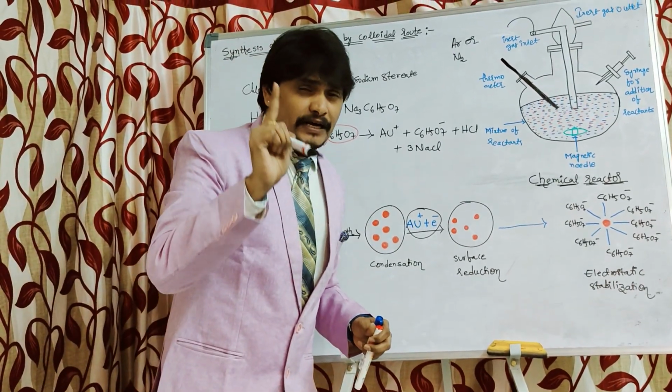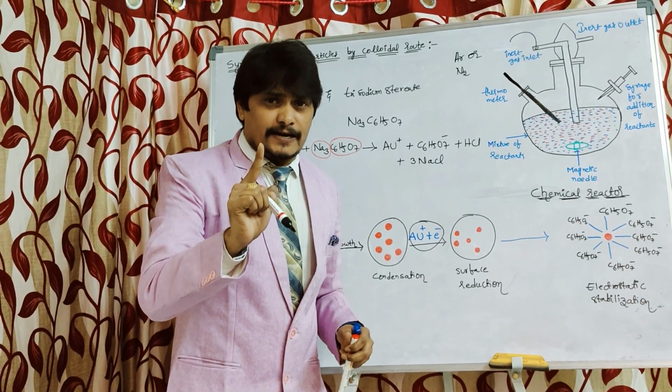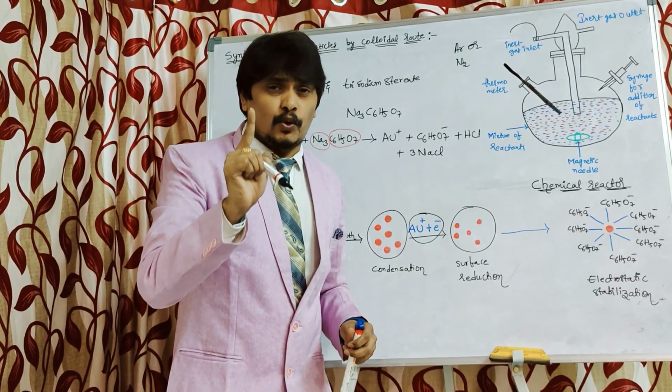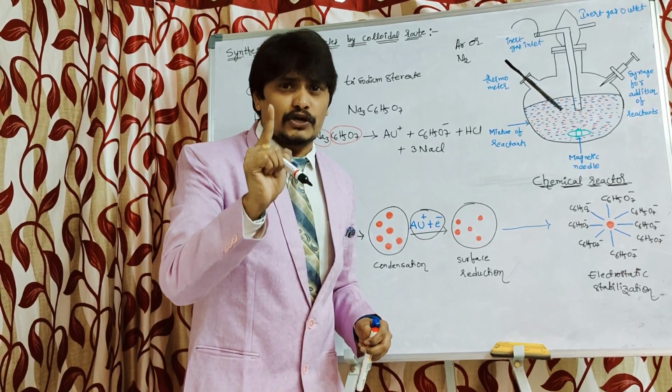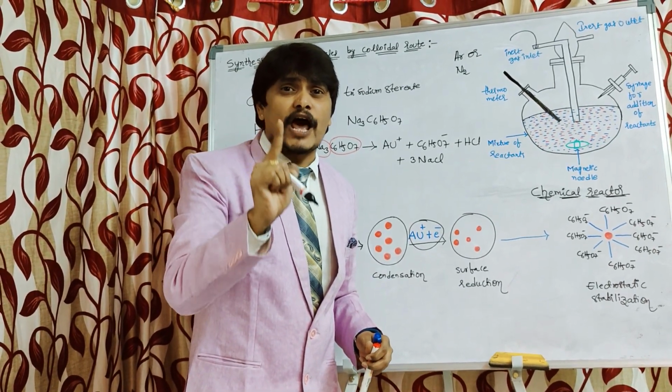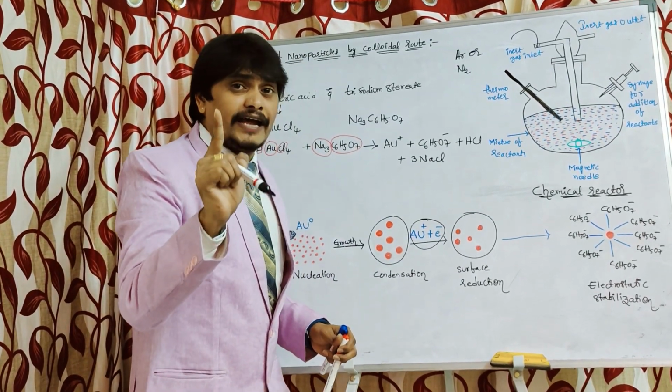What I said at the beginning is that, making use of this particular route, that is the colloidal route, whatever nanoparticles are produced are highly stable nanoparticles. Why highly stable?